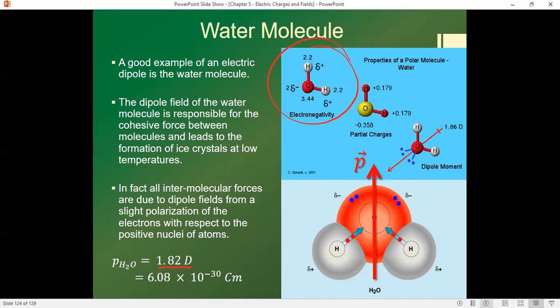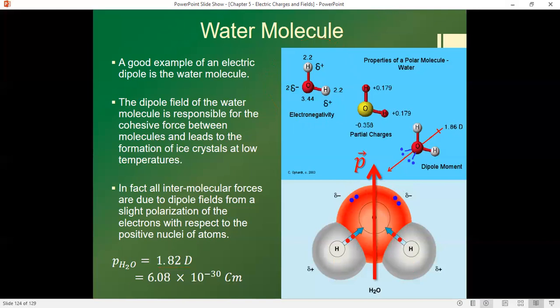Well, it comes from the fact that the hydrogen atoms tend to have a partial charge, which is positive, whereas the oxygen has 2 sets of unpaired electrons, making it more negative. The oxygen also tends to hog the electrons a little bit more, making it also negative.